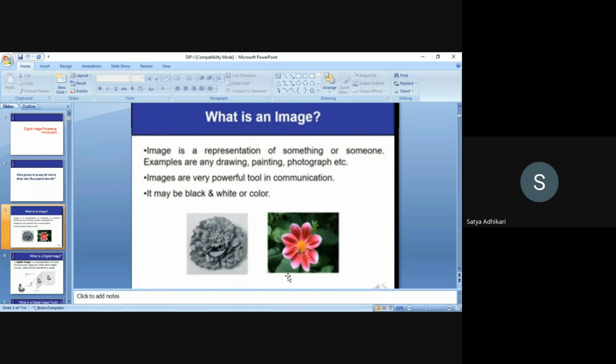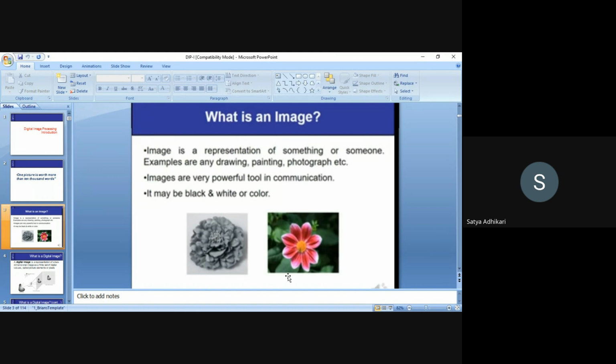That is an image. It shows something. It represents something. It may be a drawing, a painting, or a photograph. When you take a photograph with your camera, a mobile phone or any other camera, that is also an image.